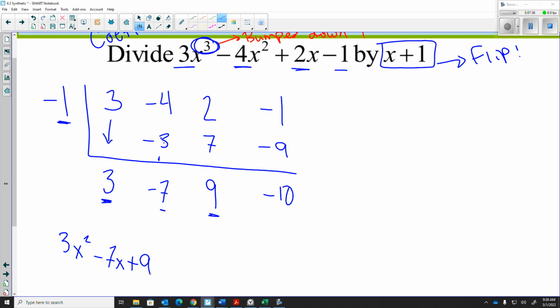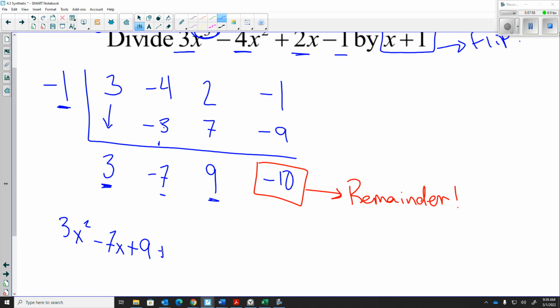So then what does that mean this is? This is the remainder. So then I would write it out the same way we did yesterday. It'll be plus negative 10 over x plus 1.